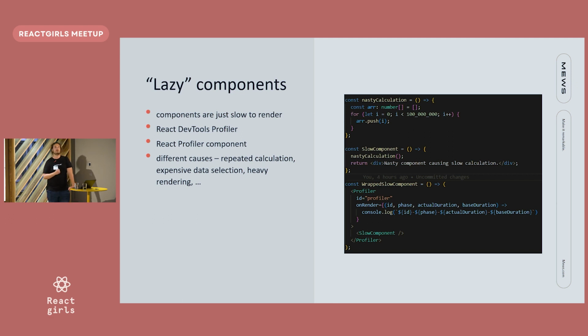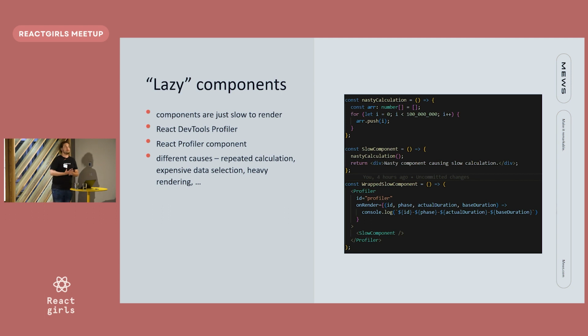Also, if you want, you can connect it to some logging tools and eventually send the performance stats to your logging provider and analyze it later, whether the performance of your app is degrading or it's being stable or whatever. So you can create logs.